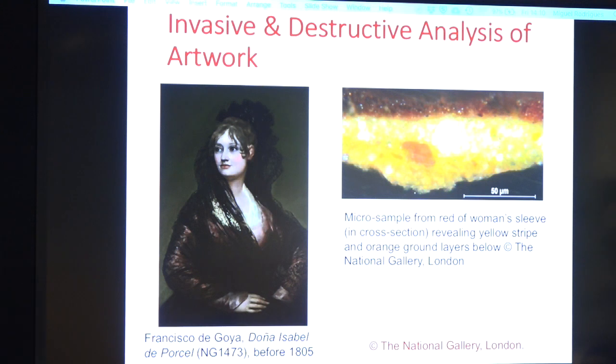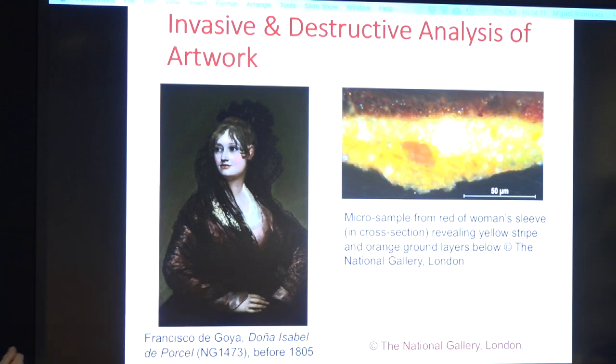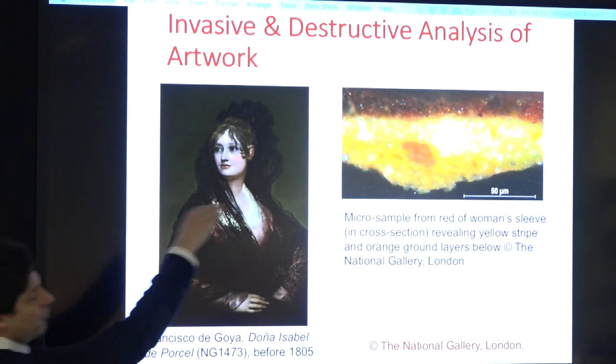So this is a painting by Francisco de Goya, Doña Isabel de Porcel, at the National Gallery. And here we've got a particular micro sample taken from this painting, from one of the red sleeves of this lady in the painting. And you can indeed see different layers.